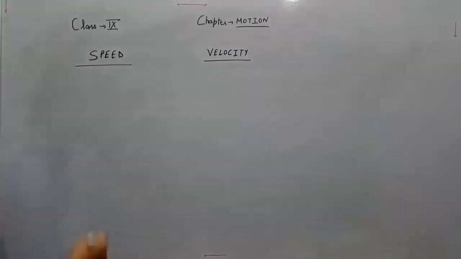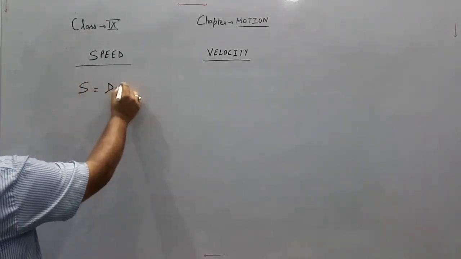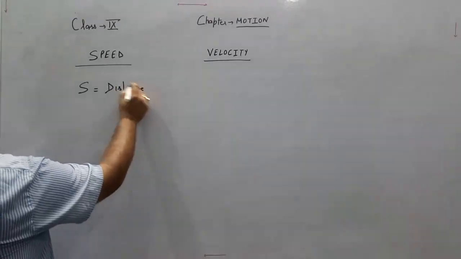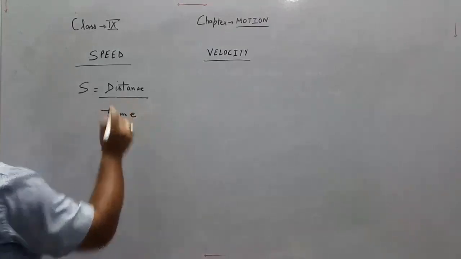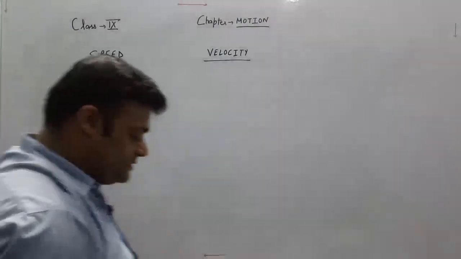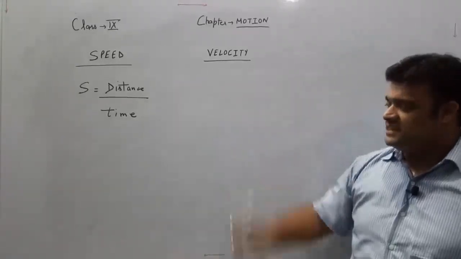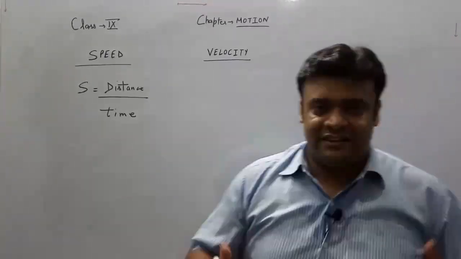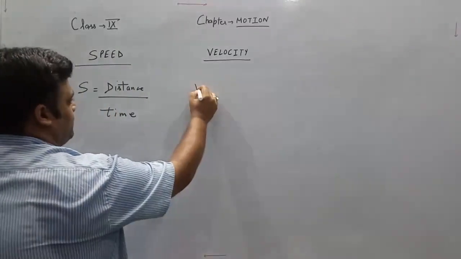Speed is equal to distance divided by time. What is velocity? Velocity is the total displacement divided by time.